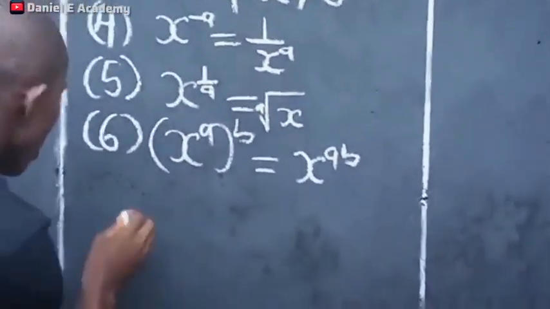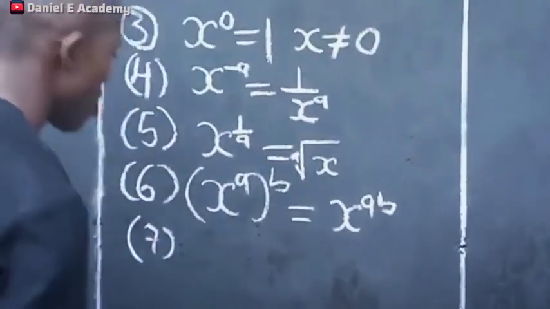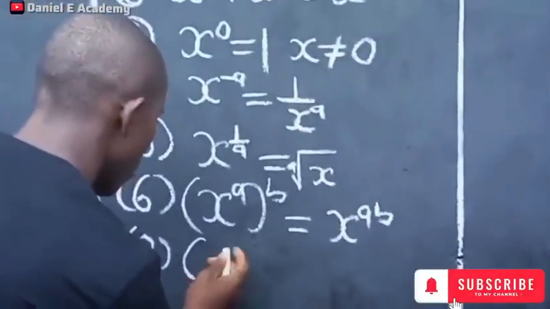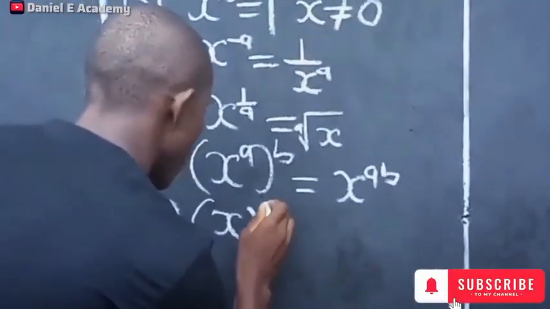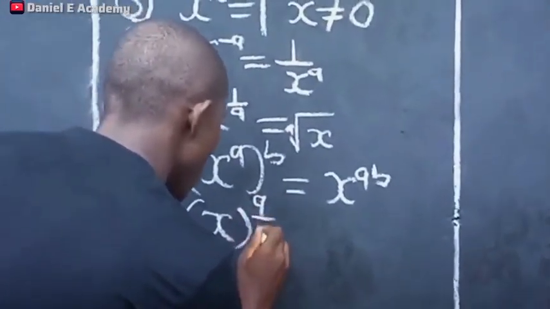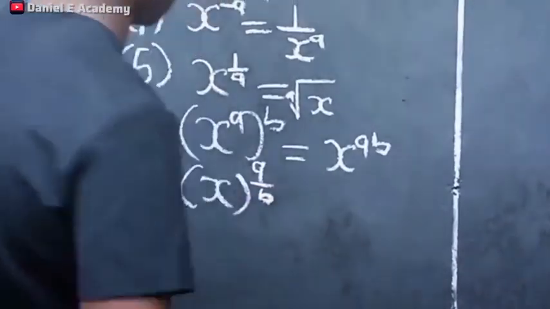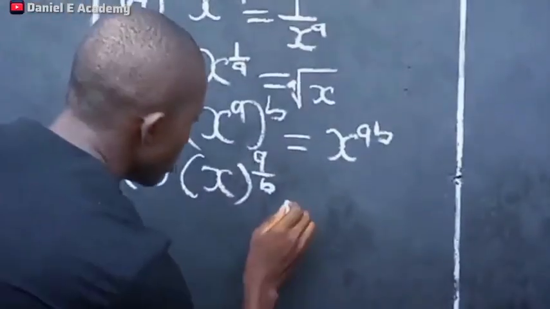So let's go to law 7. x to the power of a over b gives us the b-th root of x to the power of a.